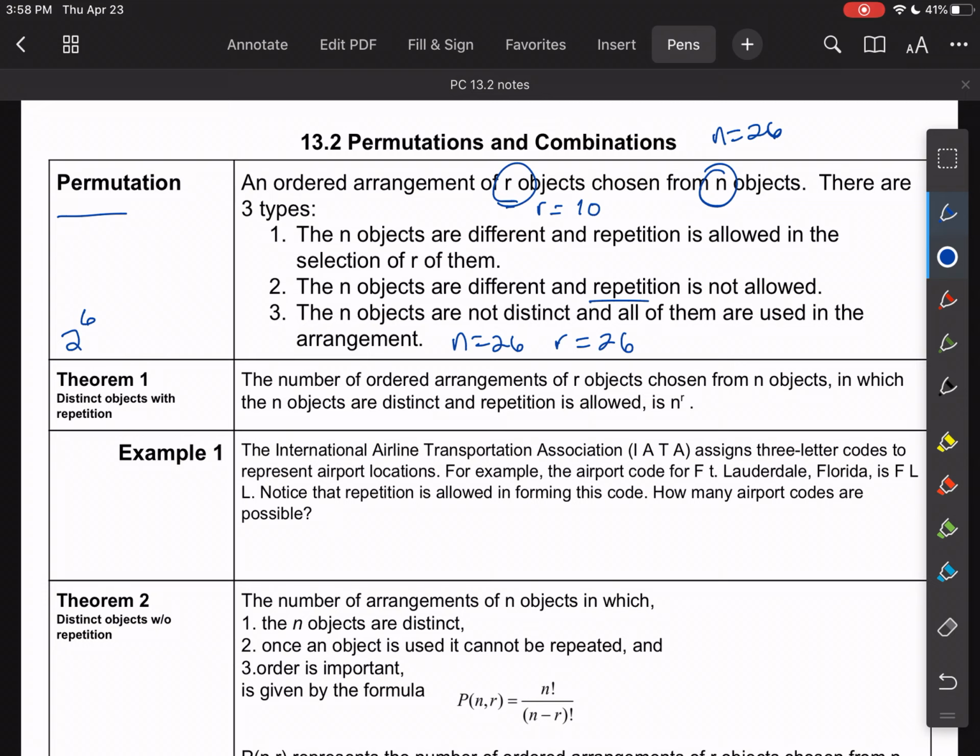I could work on another example with that with you guys next time, just to show you how that works. But this one today is talking about N to the R, which is what happens with a permutation where repetition is allowed. N is the number of possibilities, so on a dice that would be 6, and R is the number of selections. So say we had 3 die. If we rolled 3 die, what are the possible combinations that would happen?